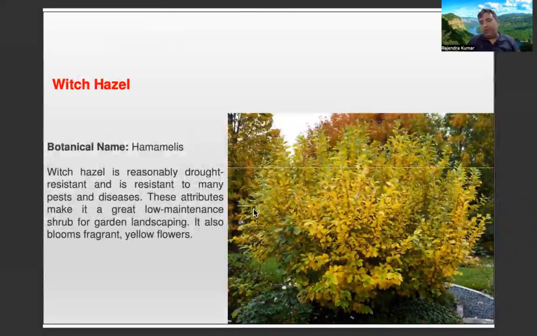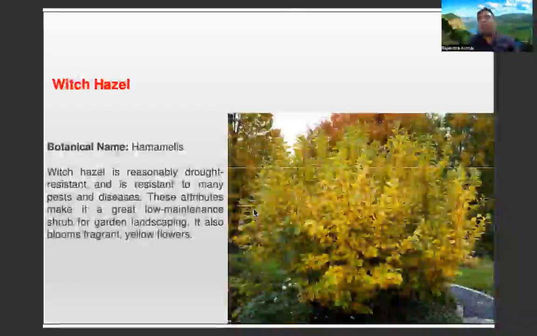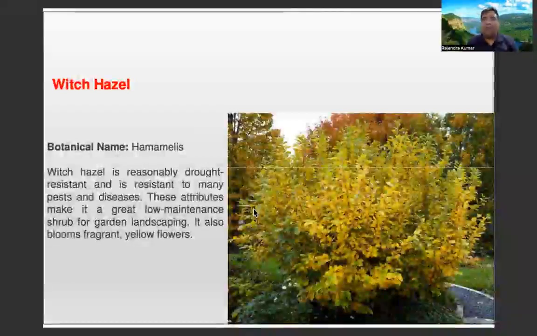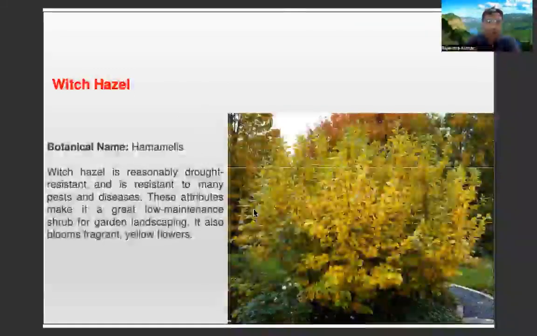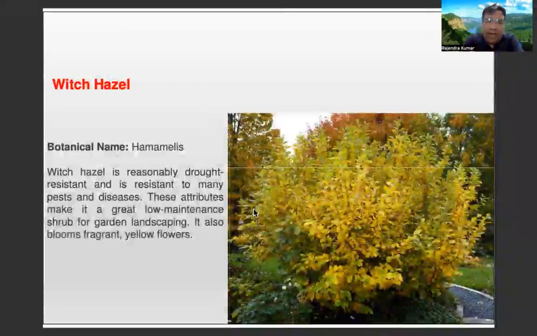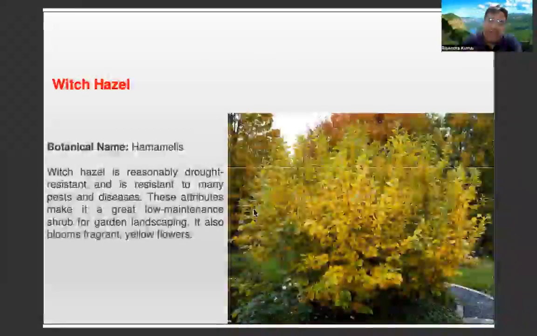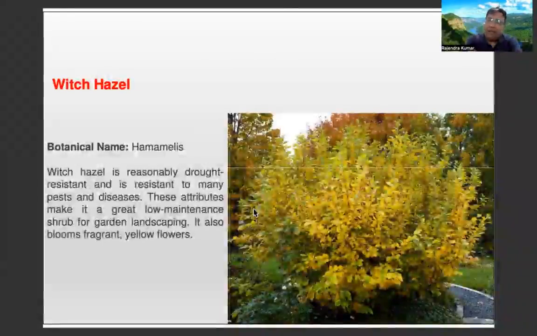That's why it is commonly used in many public spaces like parks or gardens, or along the street on a median path, and its botanical name is Hamamelis. Witch hazel is reasonably drought resistant and resistant to many pests and diseases. So these plants are actually used as anti-pest or anti-disease.